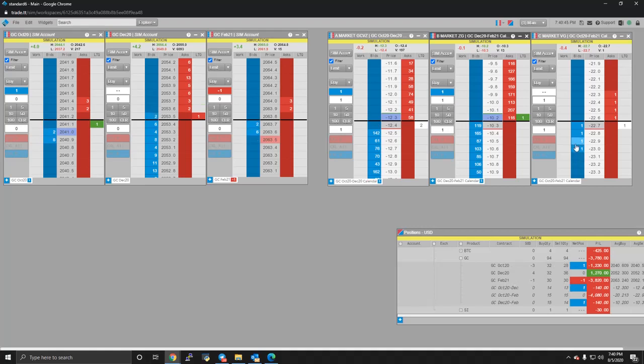And what spread is that? That's the C market. That's the OCC-FEB calendar spread. So I bought two listed calendar spreads, and that moves my position into the C market. So hopefully that's clear. Let's now exit the position. So if I sell the A market and I sell the B market, I'm going to be flat.